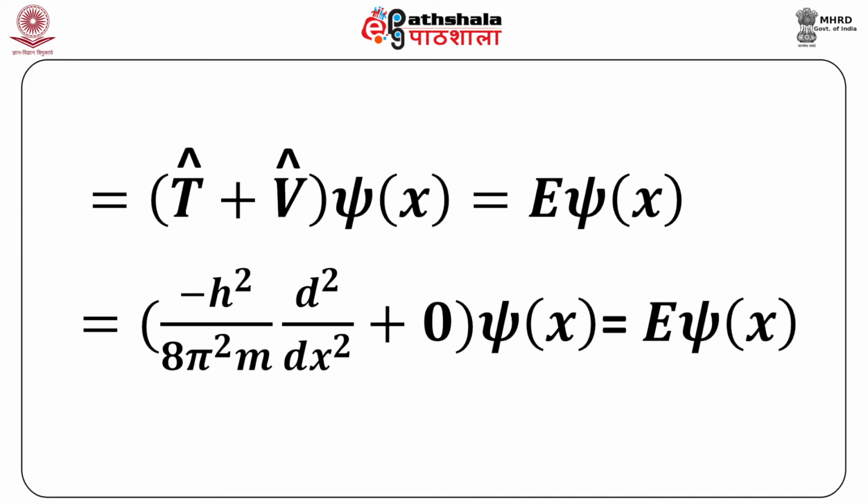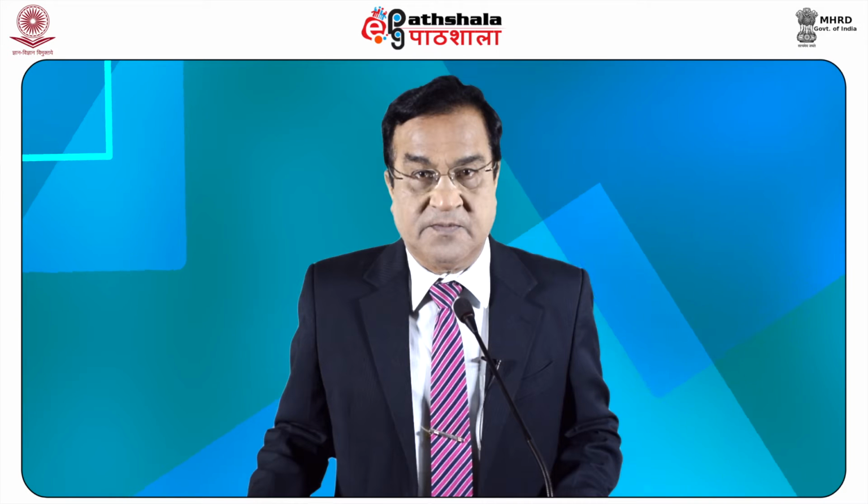The Hamiltonian is made up of the kinetic energy operator T cap and the potential energy operator V cap. Since we are assuming potential energy to be 0, therefore V cap will be 0. But the corresponding kinetic energy operator T cap, as we have learnt already, is equal to minus h square upon 8 pi square m d2 by dx2.